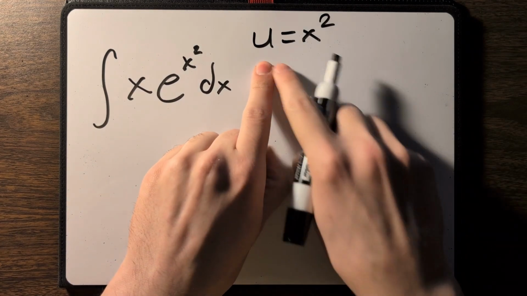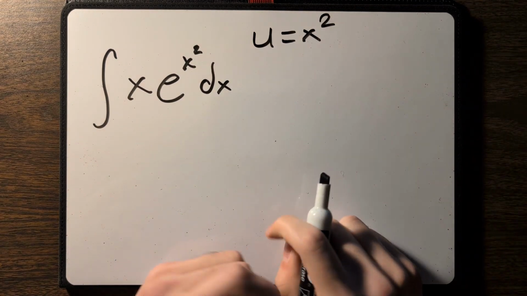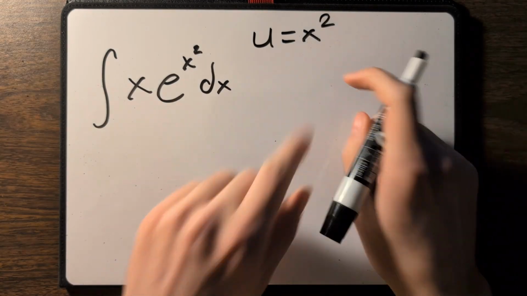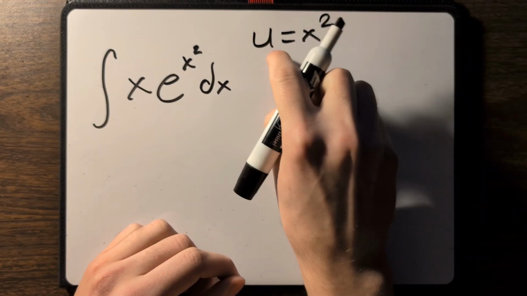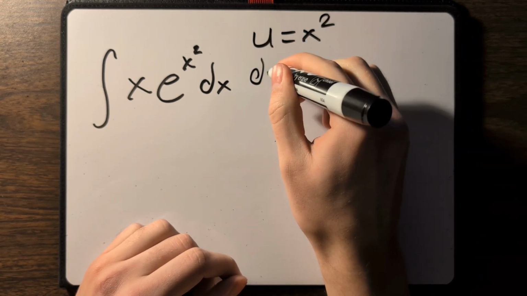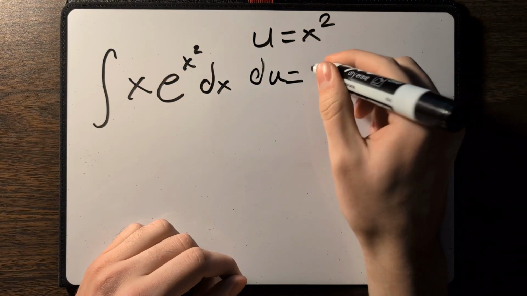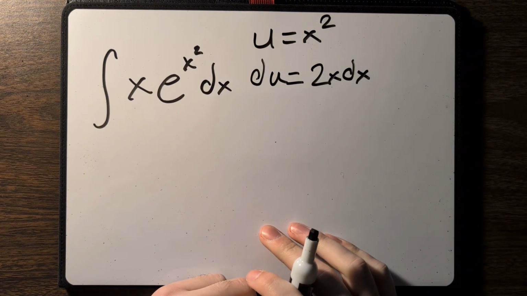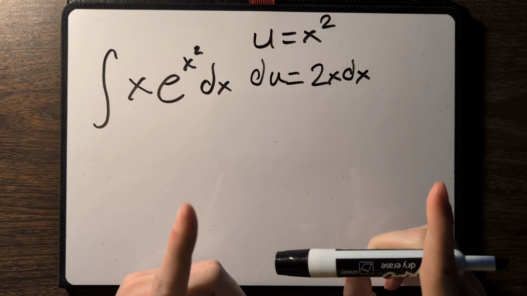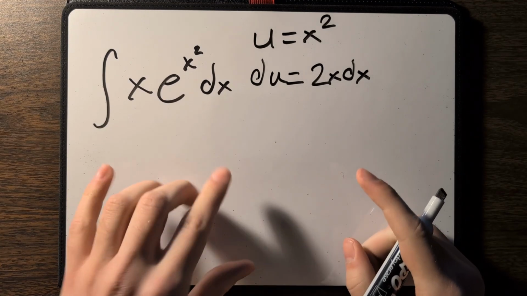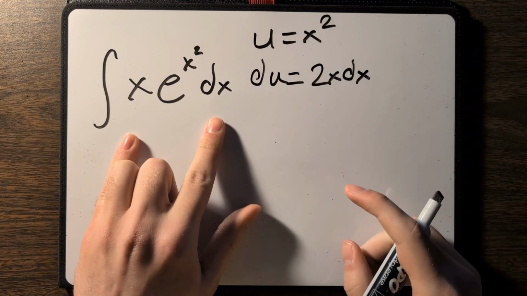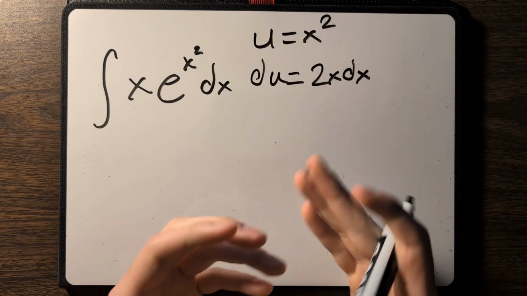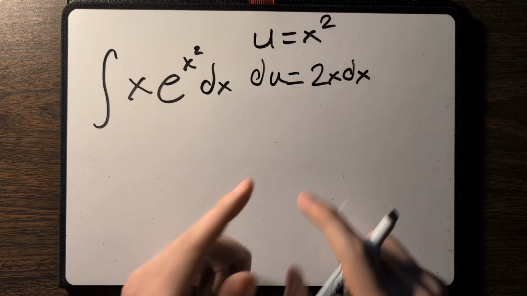Okay, so we're going to say u equals x squared. We take the derivative of x squared and u. We're going to get du equals 2x dx. Okay, now how is this useful? Well, we can put this integral into terms of u to make it simpler to solve. How do we do that?